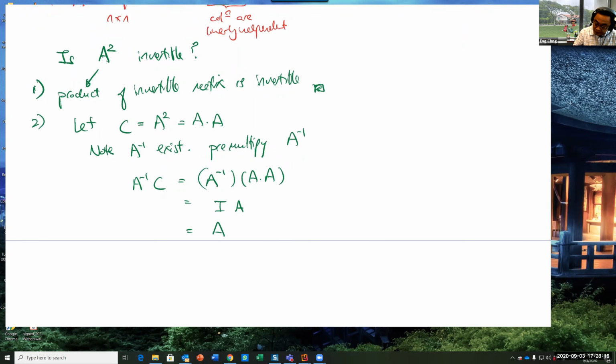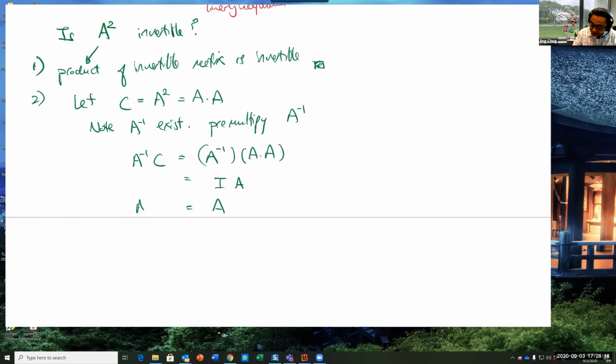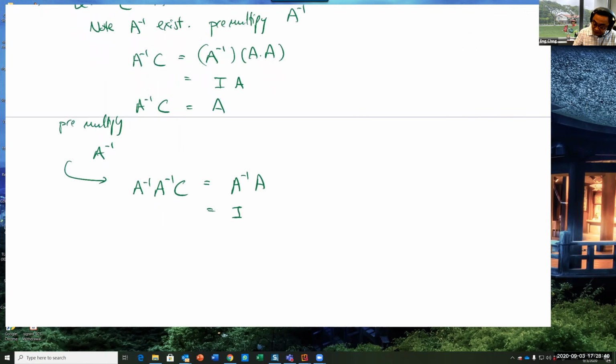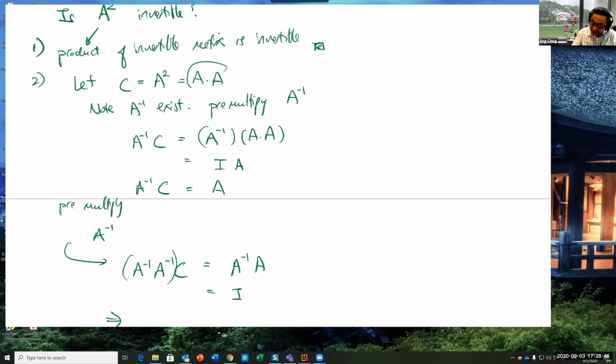So we are still not happy with this. A inverse C. We again pre-multiply with A inverse, implying A inverse C equals A inverse A equals I. What is C again? C is A squared.